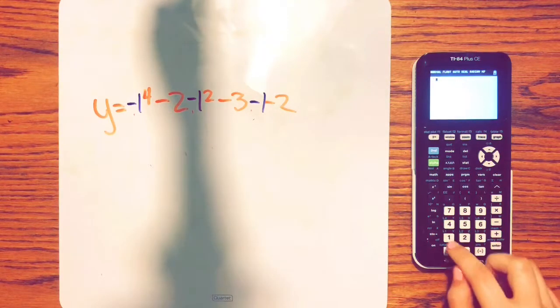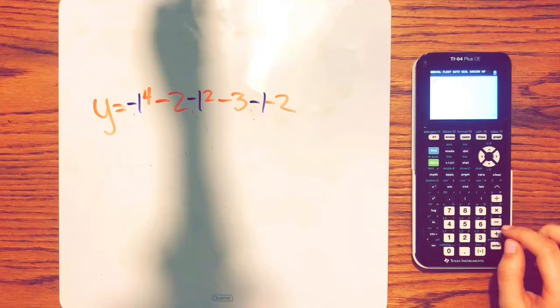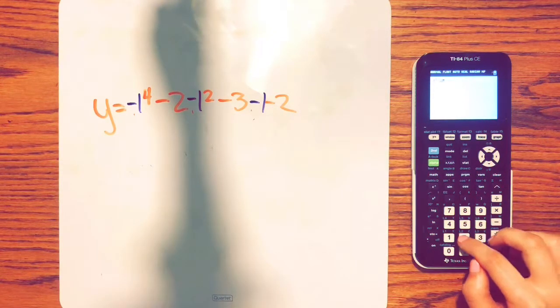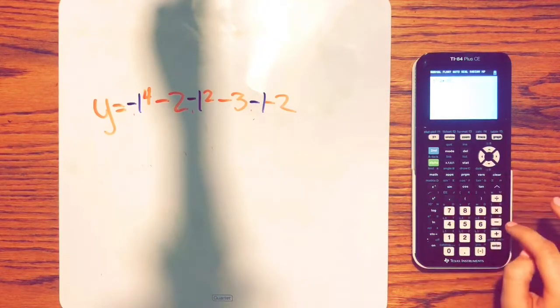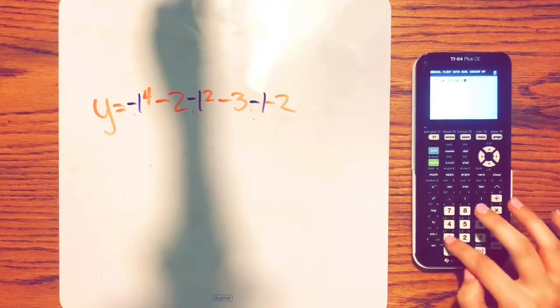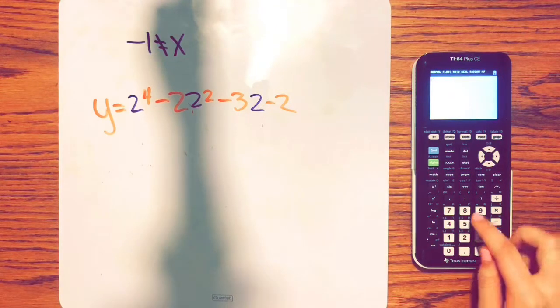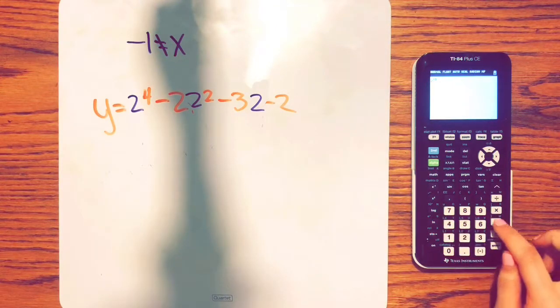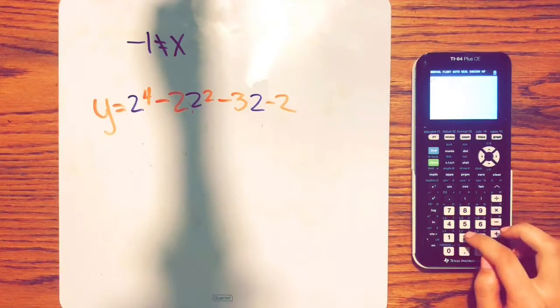You will input both values into your original equation for x. The first will be y equals -1 to the fourth minus 2 times -1 to the second minus 3 times -1 minus 2. That equaled 2, so it is not a correct answer.